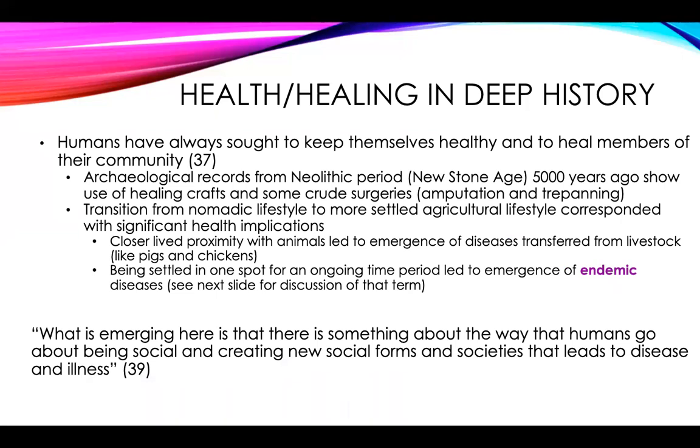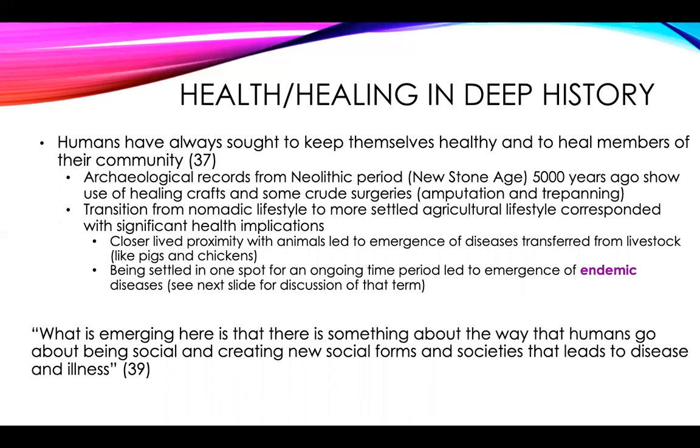And around this time, we also see changes in the types of diseases and illnesses people were exposed to and dying from, because around this time is when we switched from a nomadic hunter and gatherer lifestyle to a more settled, agricultural, pastoral lifestyle. Meaning, instead of hunting for food and gathering what was available in nature, we started to stay in one place and raise our own livestock and farm our own crops.